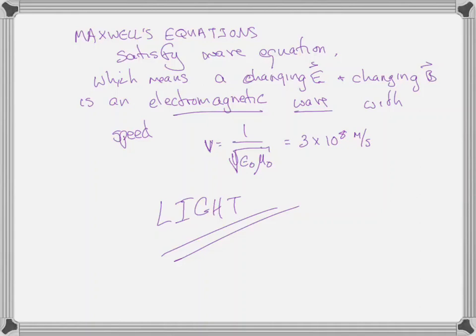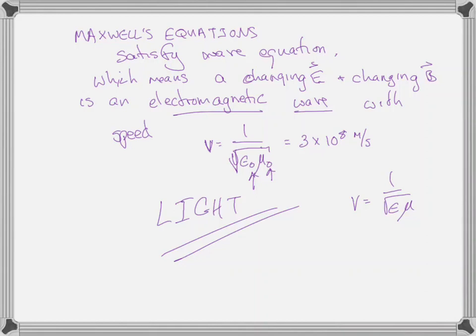In a vacuum. In the vacuum, that's what the zeros here are, right? Epsilon 0 is the permittivity in free space or in a vacuum. Mu 0 is the permeability in free space or in a vacuum. If we want to find the speed of light in something other than a vacuum, say the speed of light in water, then we would use 1 over the square root of epsilon mu, where epsilon is the permittivity of water and mu is the permeability of water.